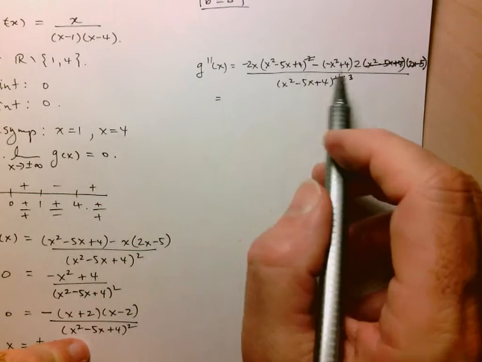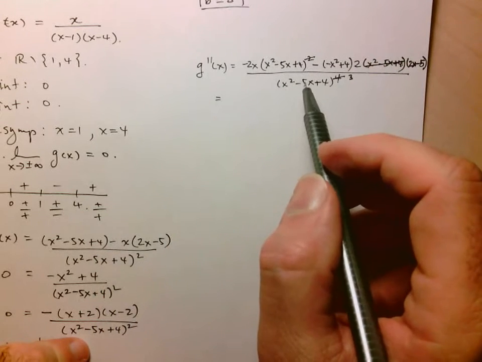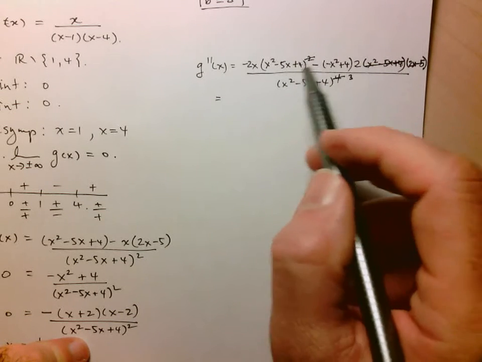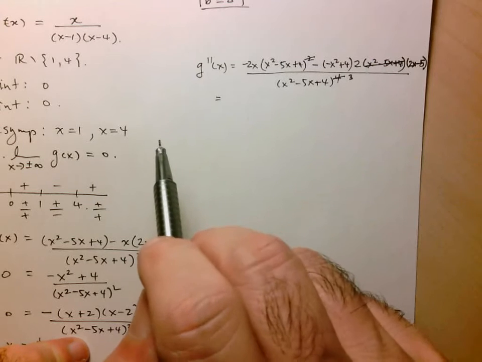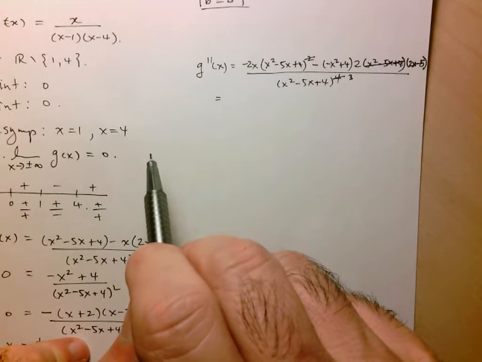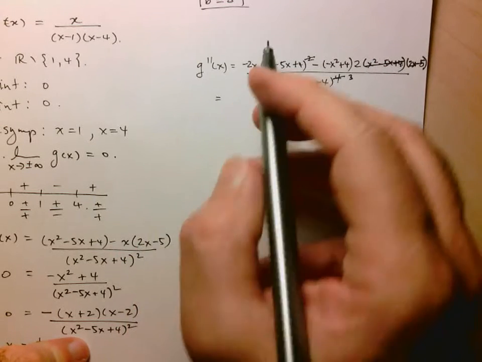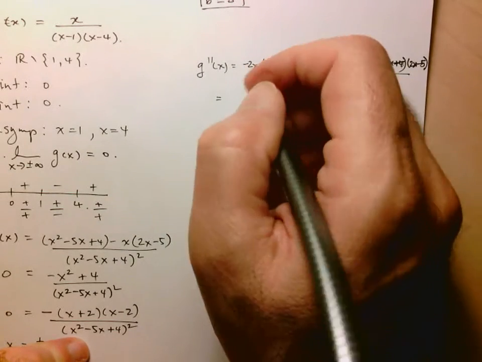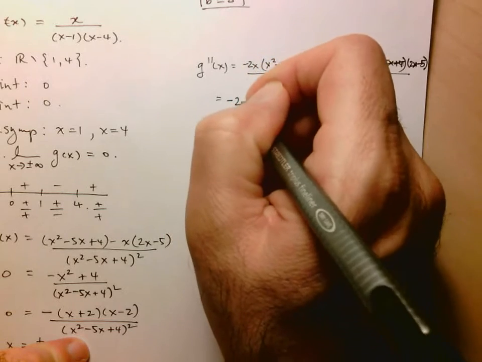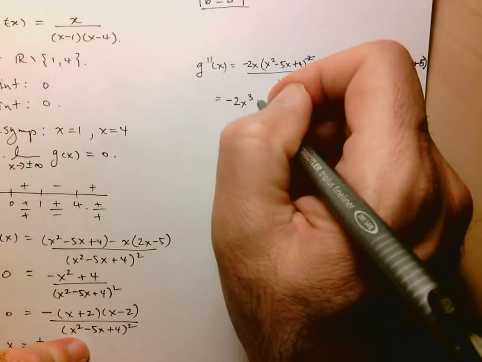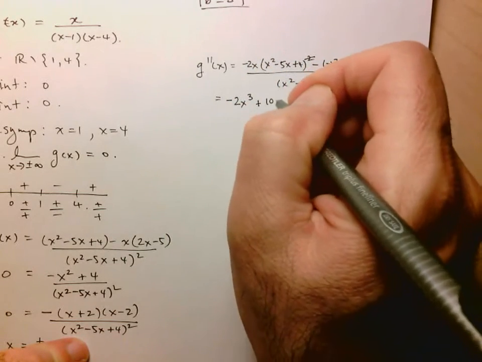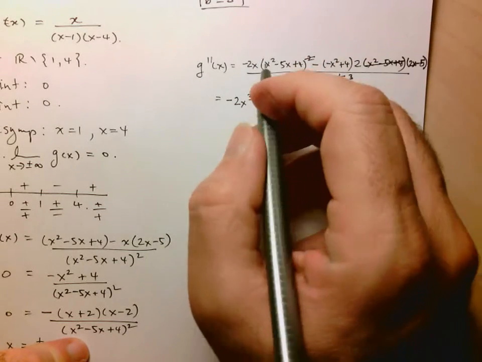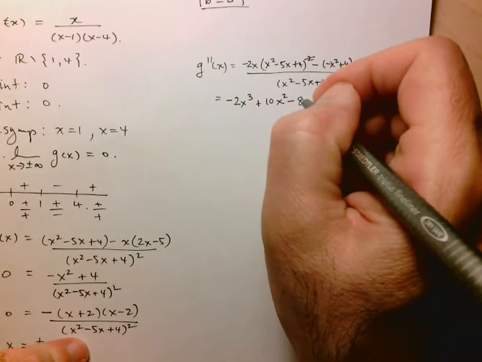I'm not going to write all that out, but essentially I'm just taking the factor of x squared minus 5x plus 4 from each term, and then reducing it with one of those factors in the denominator. So what we're left with now is negative 2x times this expression here. That gives me negative 2x cubed plus 10x squared minus 8x.